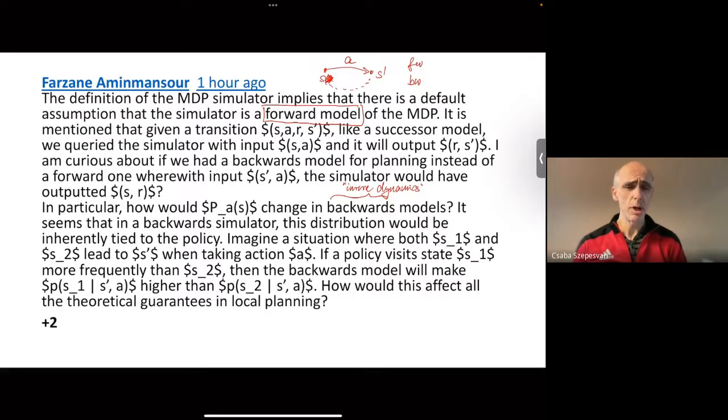What does it mean that you want to know what state you could have come from given an action? Let's say you fix an action, and you arrive at some state S prime, and then you want to know where could I have come from? So maybe this is not uniquely defined.